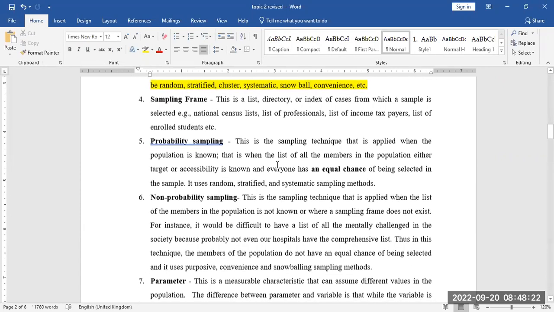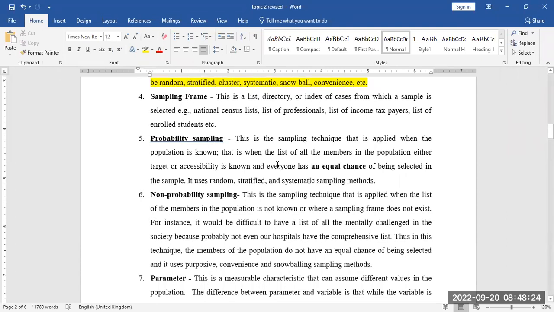Then we also have a sampling frame. A sampling frame is simply a list, a directory, or an index of cases from which a sample is selected. For example, a sampling frame can be a national census list, which has a lot of information concerning individuals.